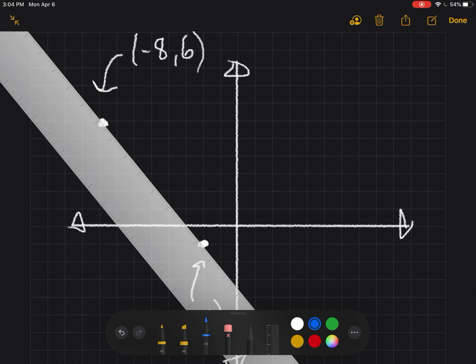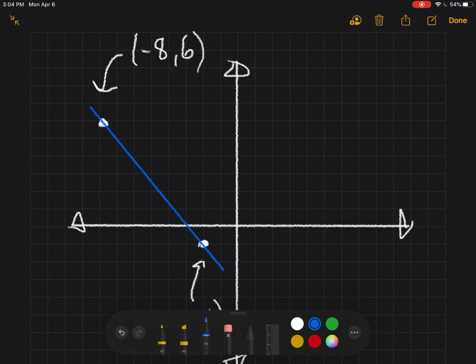If I connect these 2 points with my handy dandy ruler, much better. This line is not vertical, it's not horizontal, because it has a slant.